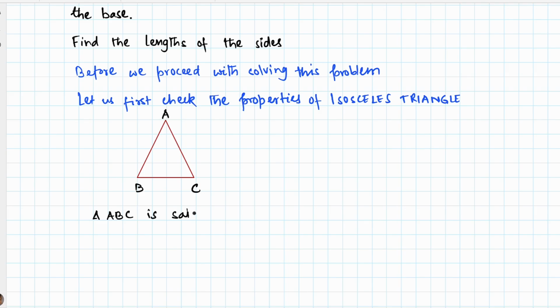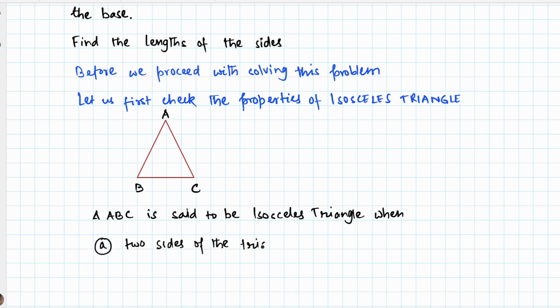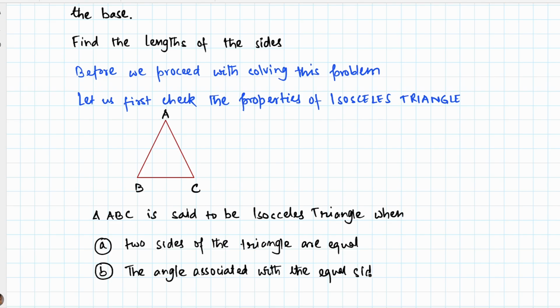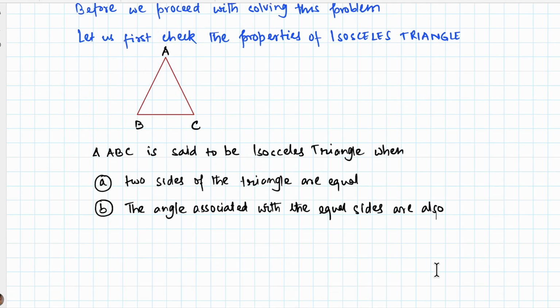So triangle ABC is said to be isosceles when, number A, 2 sides of the triangle are equal, and number B, the angles associated with the equal sides are also equal. So these are the 2 important properties.